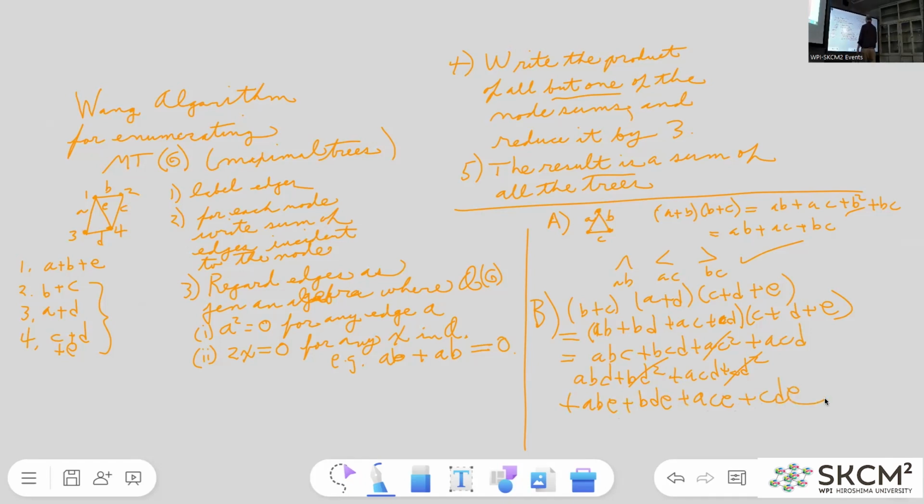So altogether, I get 1, 2, 3, 4, 5, 6, 7, 8, 9, unless there's any repetitions. Any repetitions here? Don't think so. But I had the feeling it was really 8, not 9, so I might have made a mistake.